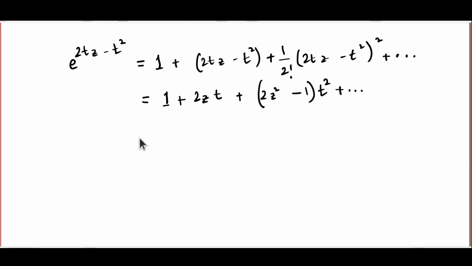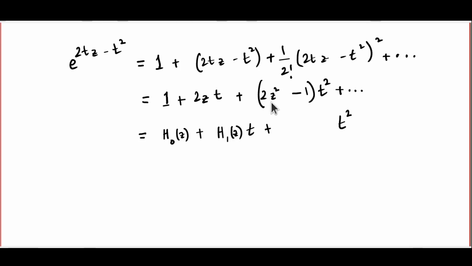But you should be able to notice a connection between this and the Hermite polynomials. 1, of course, is nothing but H0(z). 2z, if you remember, is nothing but our H1(z) times t. The coefficient of t squared here, well, that's not H2(z).